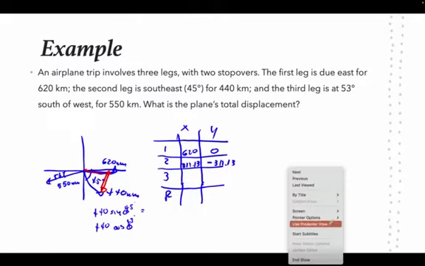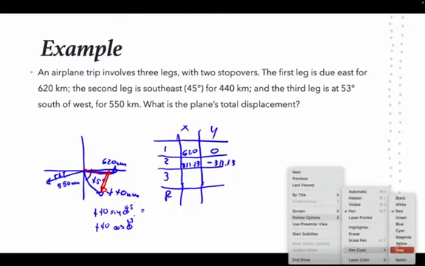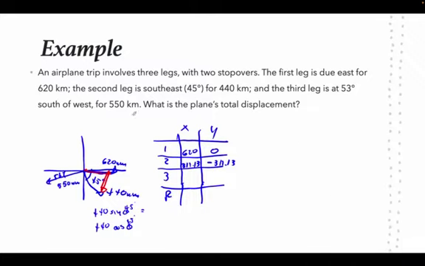And for this next one, we're going to have an x component that points left, so it's going to be negative, and it's going to be equal to 550 cosine of 53. And we're going to have a vertical component that is 550 sine of 53.